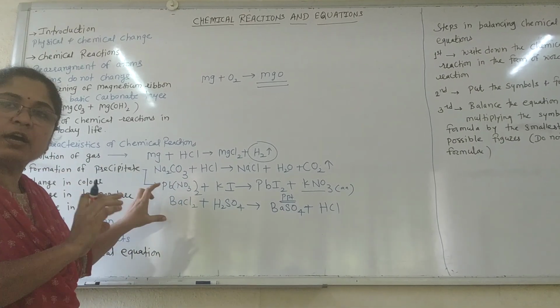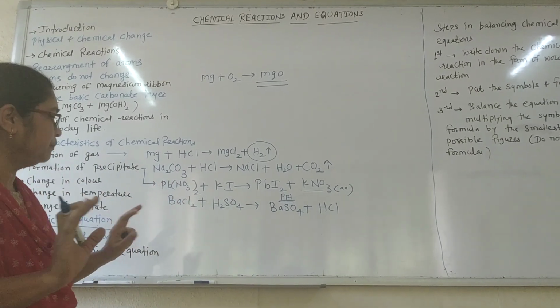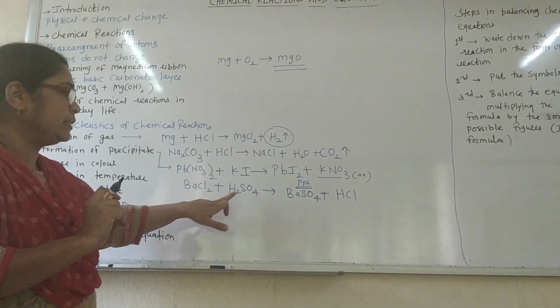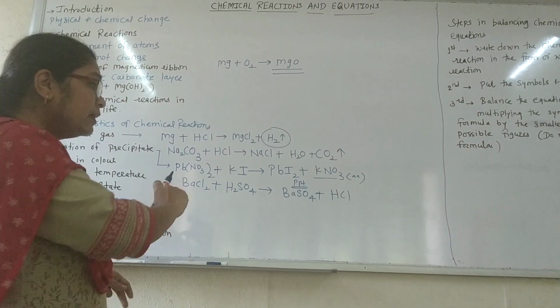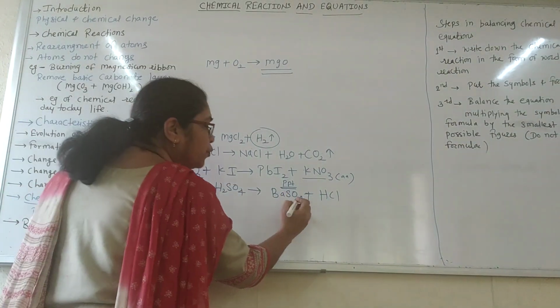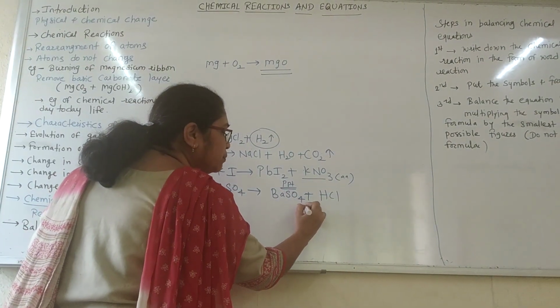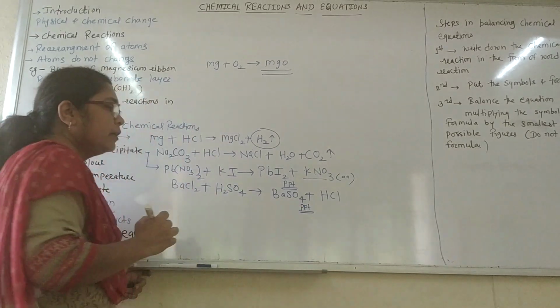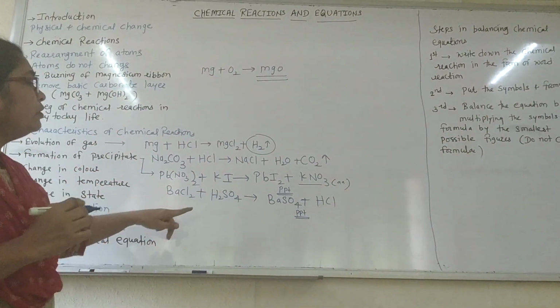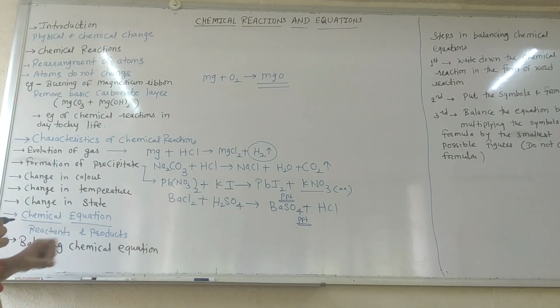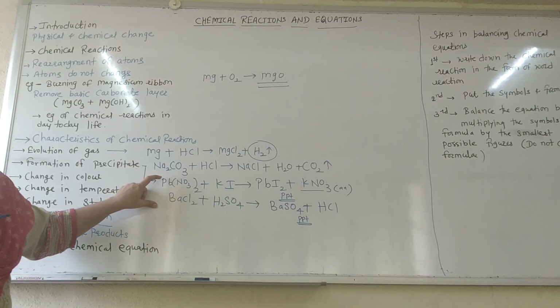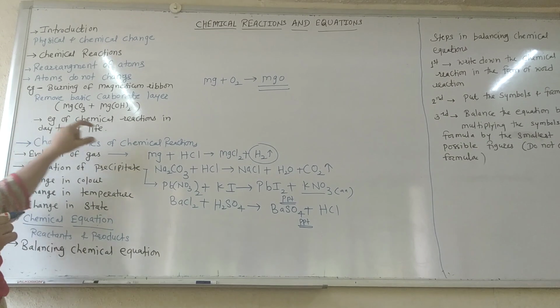These equations are only for your reference. BaCl2 plus H2SO4 gives BaSO4 plus HCl. In this reaction, BaSO4, barium sulfate, is a precipitate. So these are the precipitates formed during the reactions. This is a characteristic of chemical reactions.